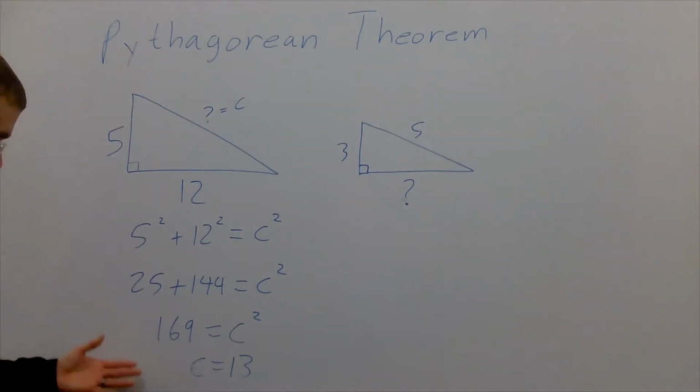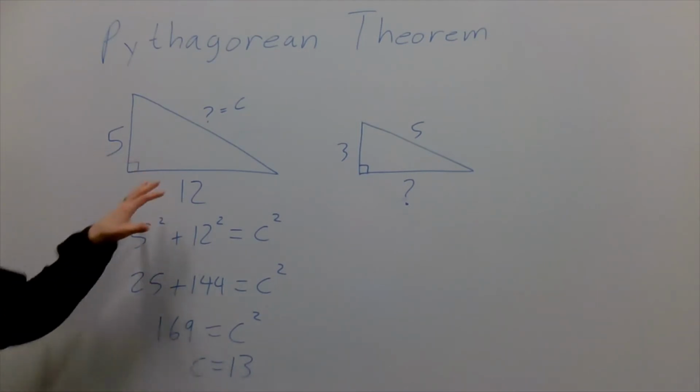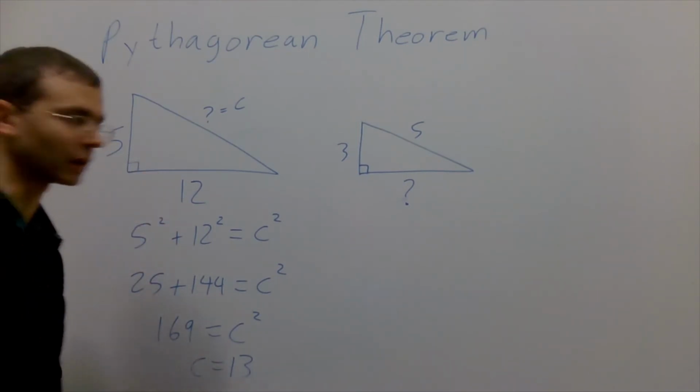And in this circumstance, we don't need to talk about the principal square root or anything like that, since, of course, we're looking at lengths, and there's no such thing as a negative length.